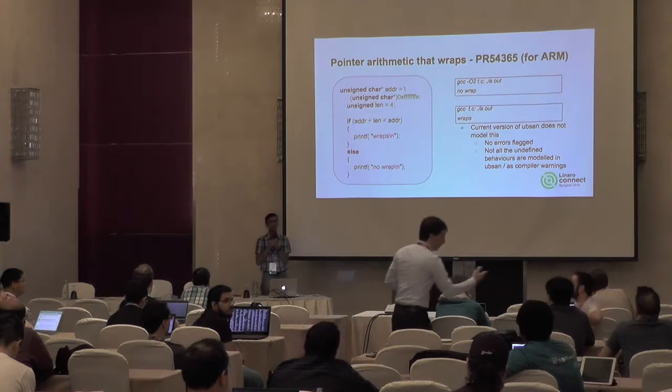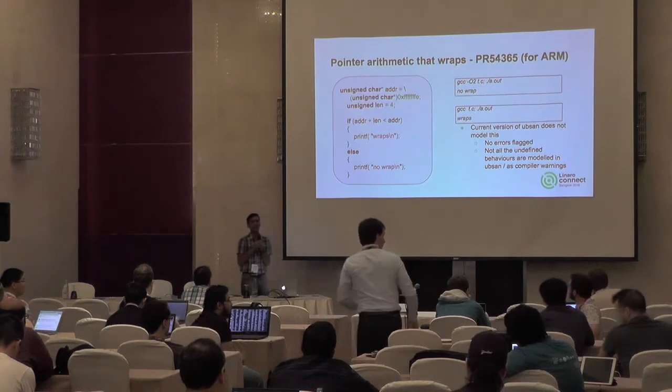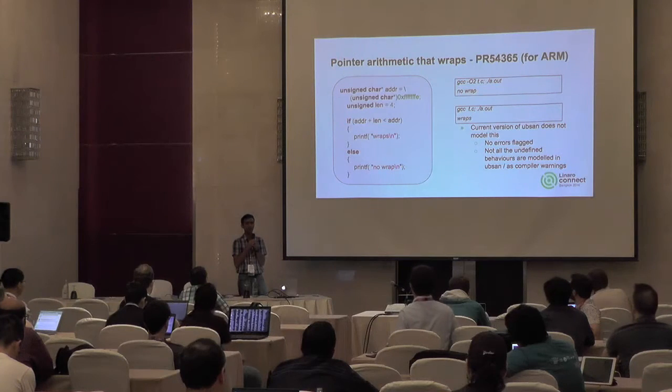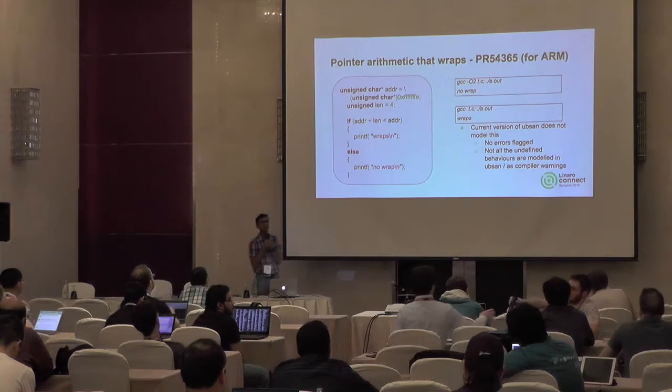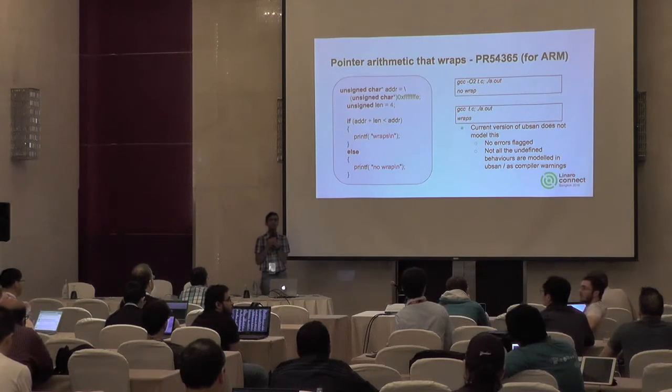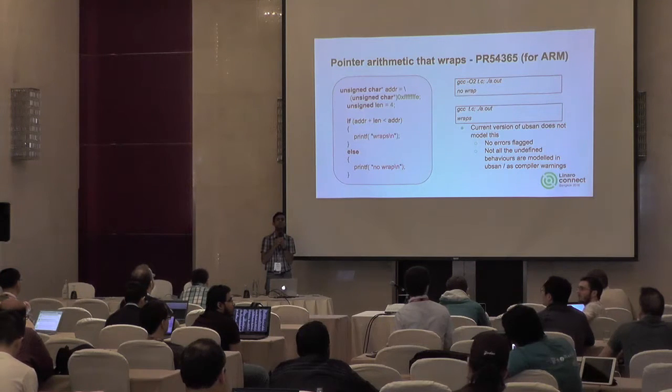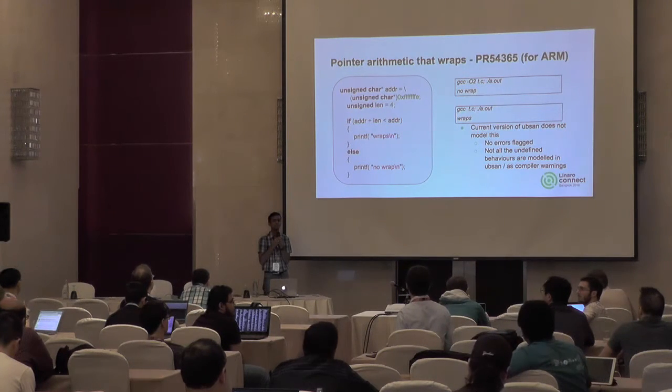Is pointer arithmetic itself undefined? I don't think the normal pointer arithmetic is undefined. But if it wraps, yeah. Okay. Essentially, that means that you can never get to a 0 pointer from a non-zero pointer, right? Yep.